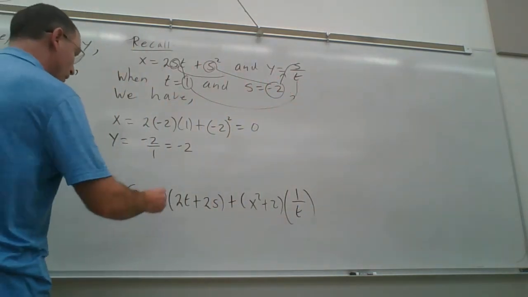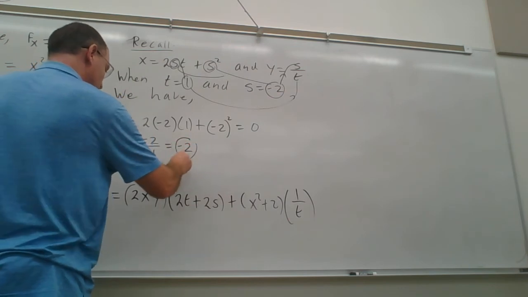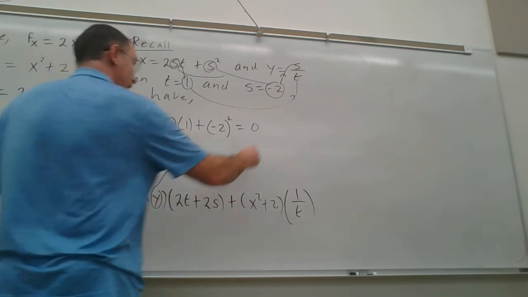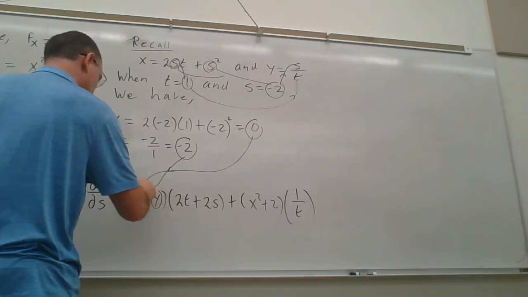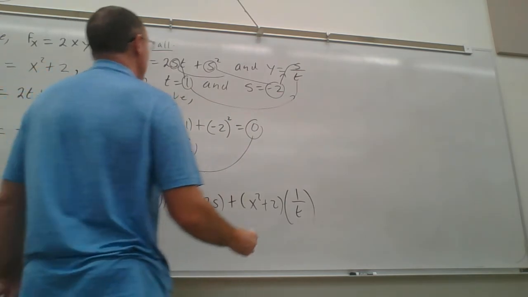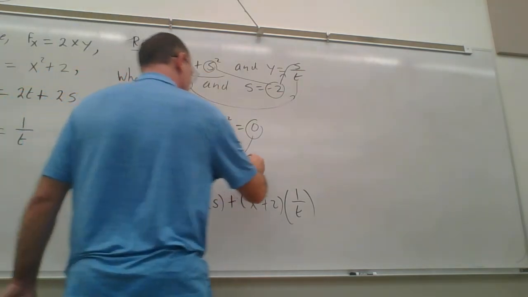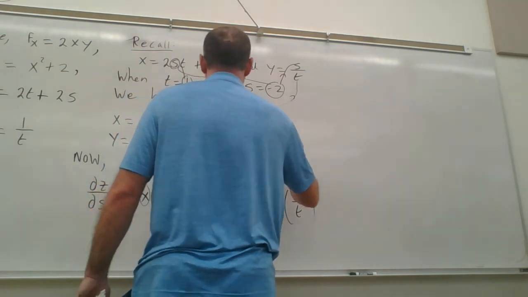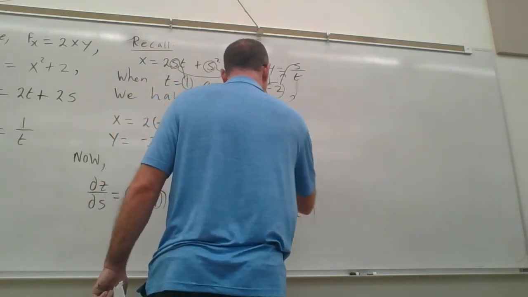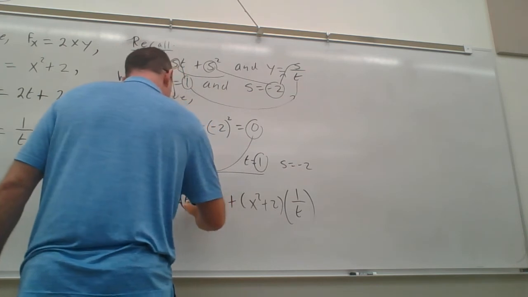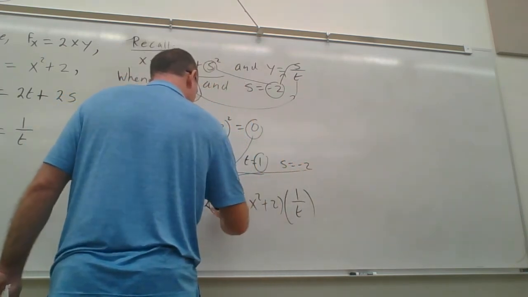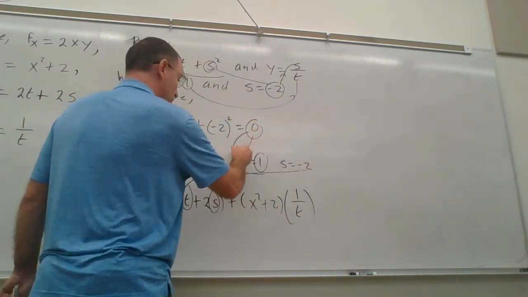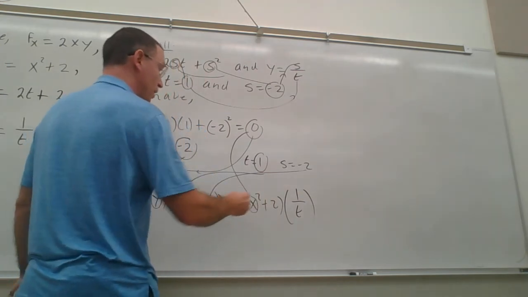Okay, so the y value is minus 2. The x value is 0. The t value is 1, and s is minus 2, so 1 goes here, minus 2 goes here, 0 for x goes here, and t, 1 goes here.